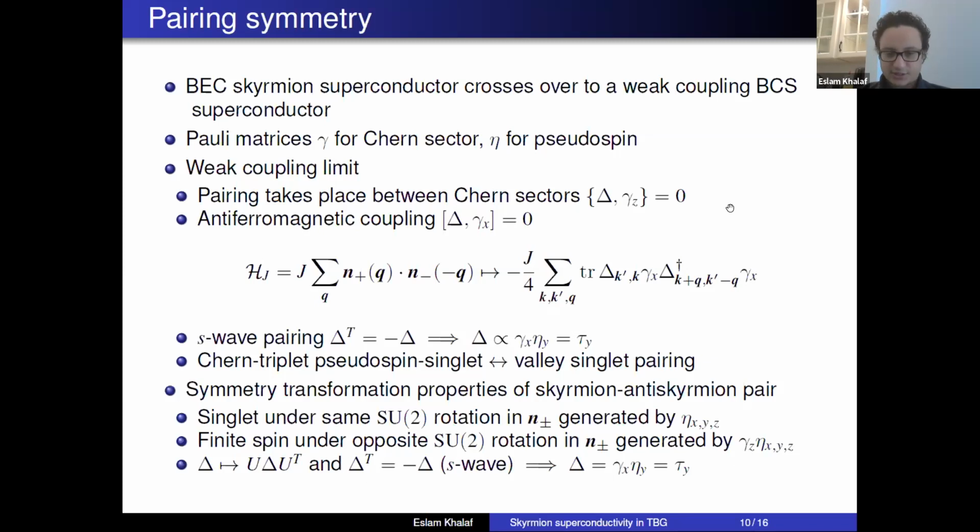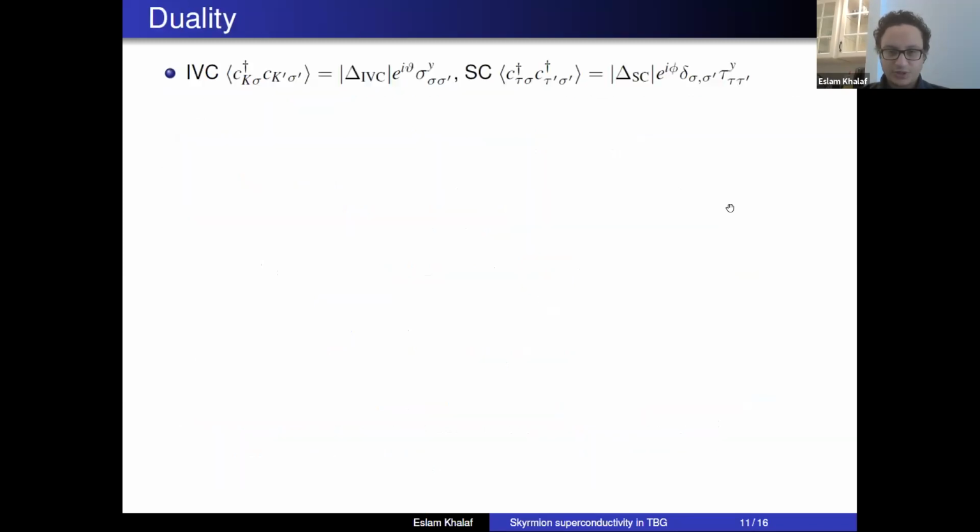At this point, let's try to have a more field theoretic understanding of this system. And before doing this, it's interesting to discuss a duality between this insulating IVC order and the superconductor we have mentioned. So as I said, this antiferromagnetic insulator, this system has two U1 symmetries. One is a charge conservation and one is a valley charge conservation.